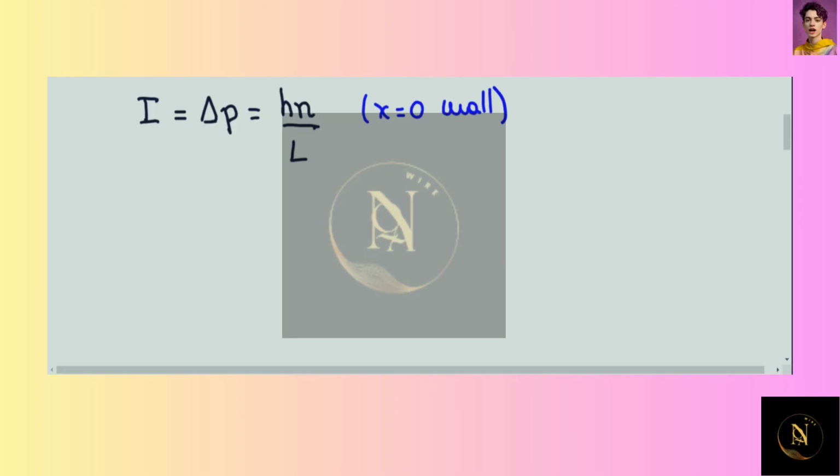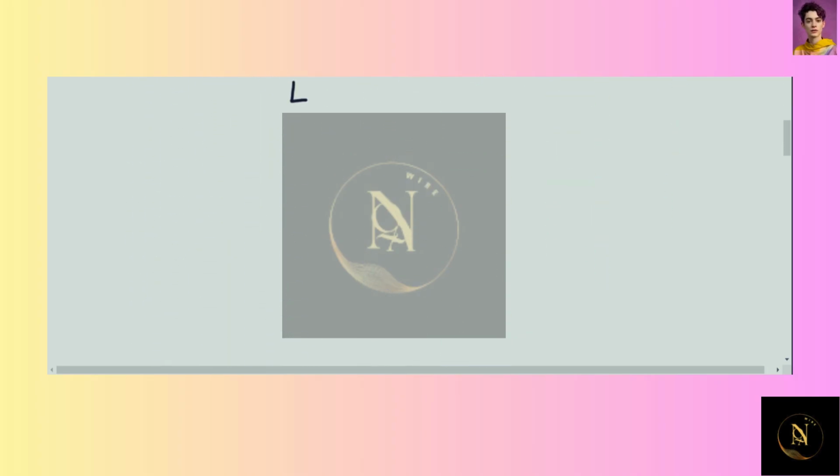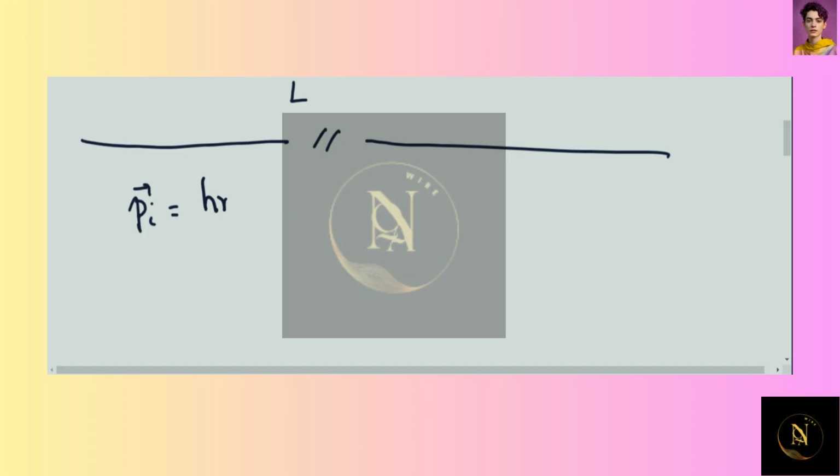And for the x equals L wall, I'm going to go back to the picture here. So I have a particle that's moving to the right, so the initial momentum is equal to hn divided by 2L i, while the final momentum is minus hn divided by 2L i.